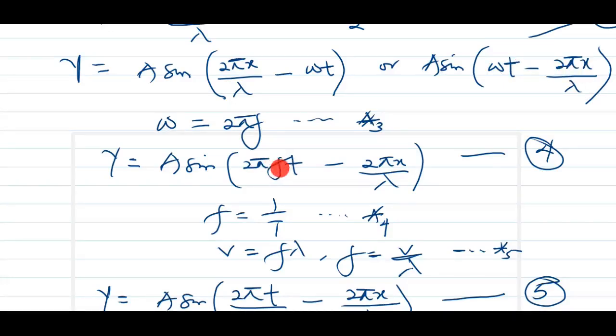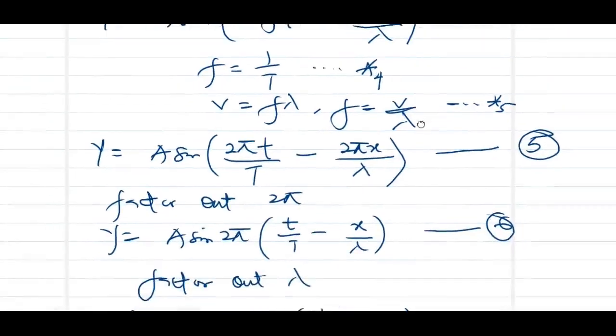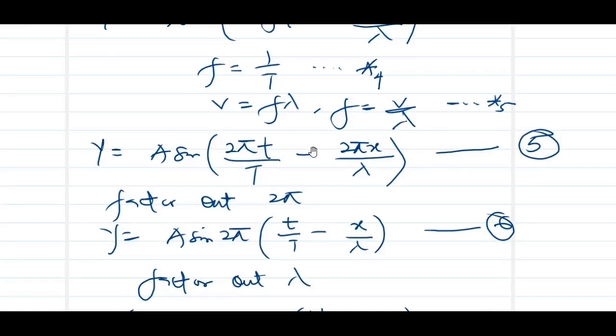But in the case of this, you have 2 pi ft minus 2 pi x over lambda. The question might require you to use 2 pi x over lambda minus 2 pi ft. Just interchange the positions. That was why I told you that we can have the positive x direction or the negative x direction.